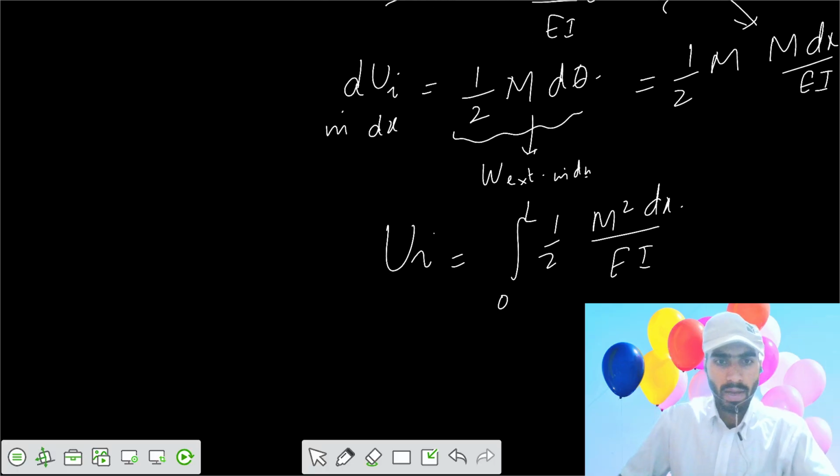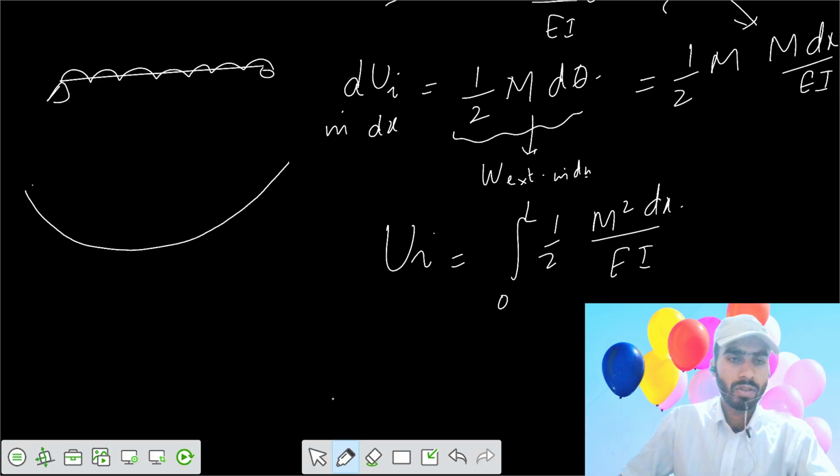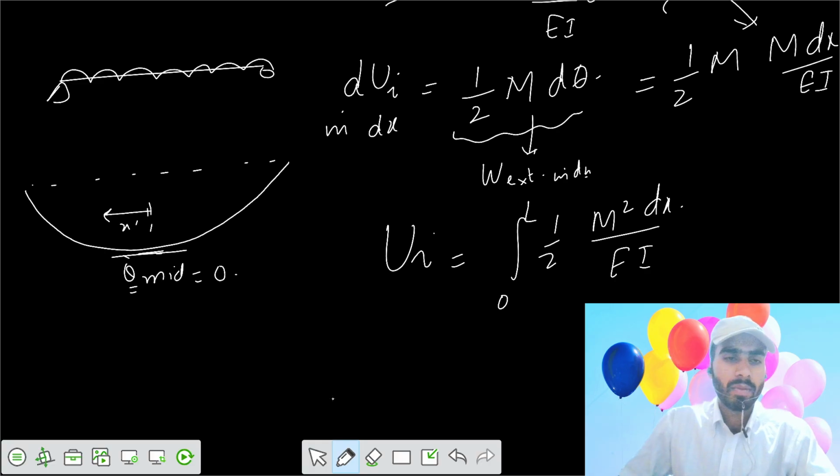So we have a simply supported beam subjected to a UDL. The loading is symmetric, so the deflection is also symmetric, and theta is 0 at the mid. Then what is the value of theta at any x dash from the mid, from either side?